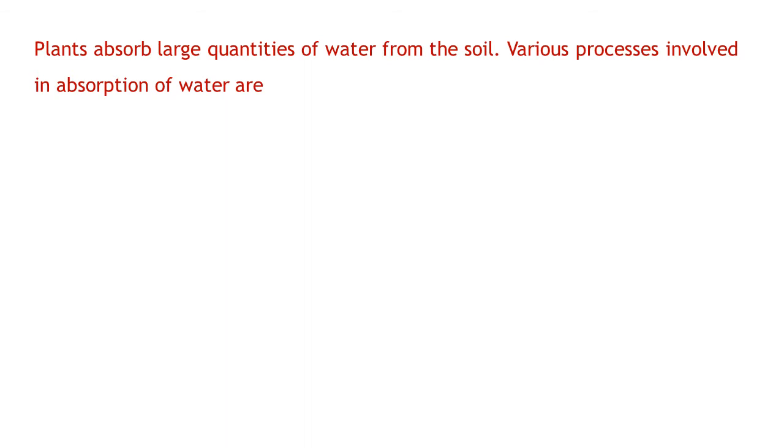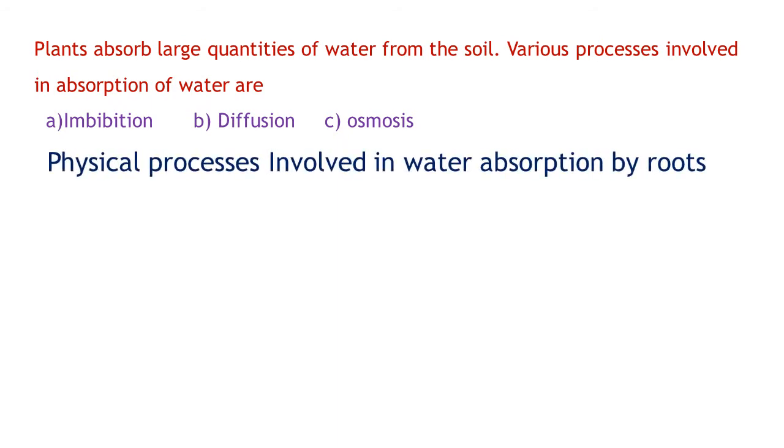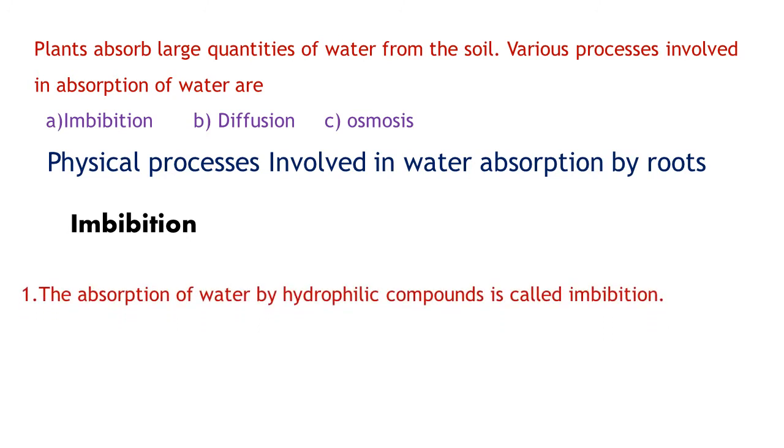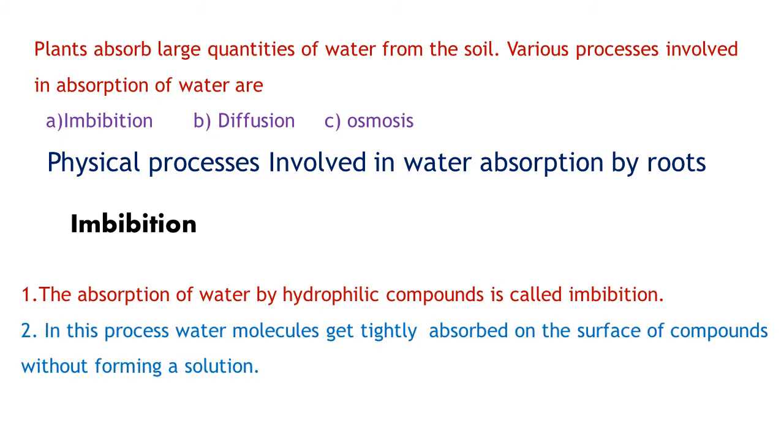Plants absorb large quantities of water from the soil. Various processes involved in absorption of water are imbibition, diffusion, osmosis. Physical process involved in water absorption by root: imbibition. The absorption of water by hydrophilic compounds is called imbibition.